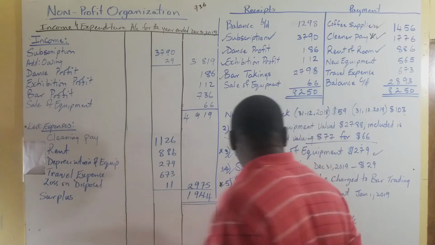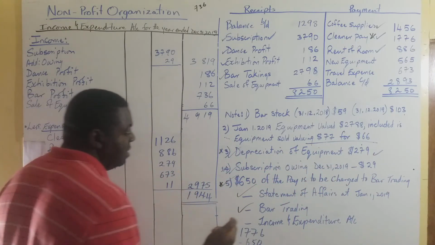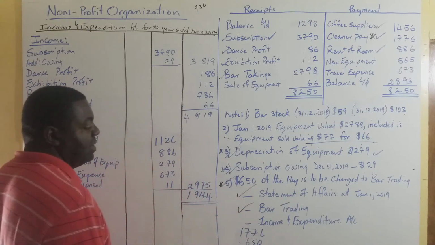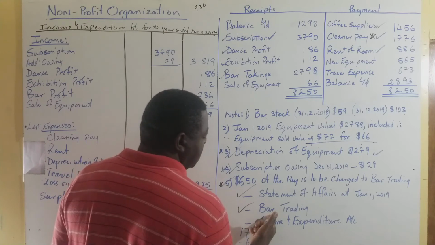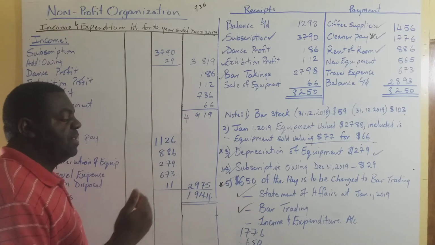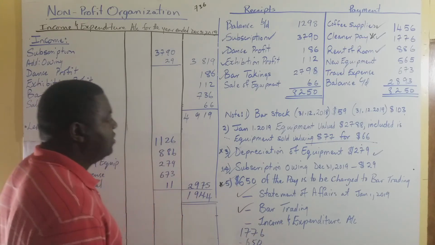So we have done the statement of affairs, which refers to the balance sheet, to find the opening capital or their equity. And we have done the bar trading account to determine the profit from the bar, and then the income and expenditure account.